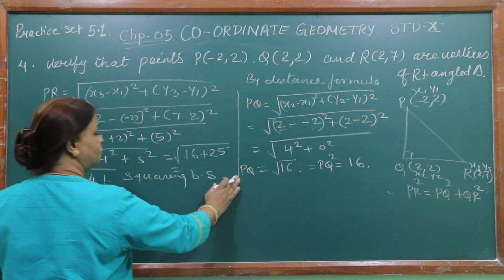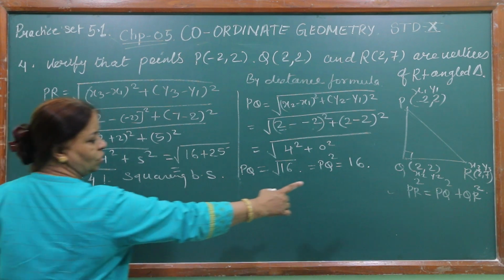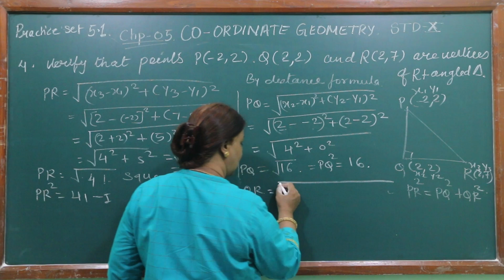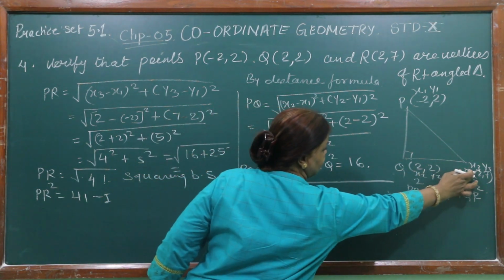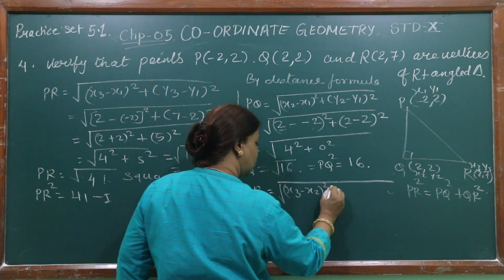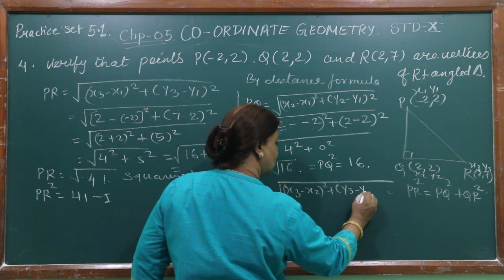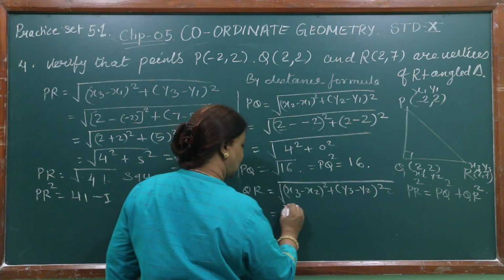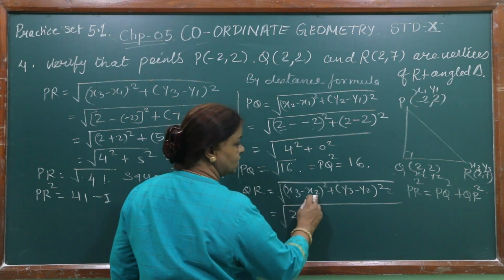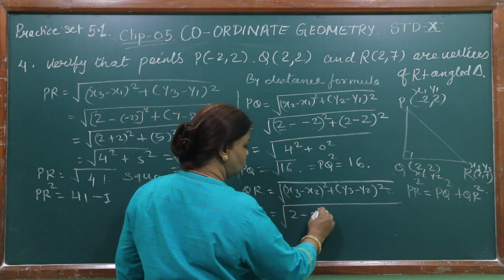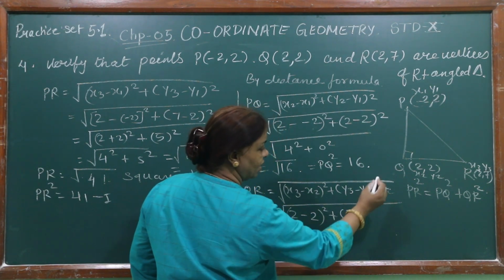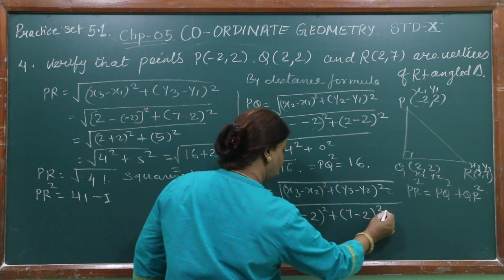Now children, you will think, where is the root gone? When I square this side and this side, both sides, I get PQ square. Root 16 into root 16 is 16. Now we find QR square. QR is equal to, by distance formula, Q and R, x3 minus x2 the whole square plus y3 minus y2 the whole square. x3 is 2 minus x2 is 2 the whole square plus y3 is 7 minus y2 is 2 the whole square.